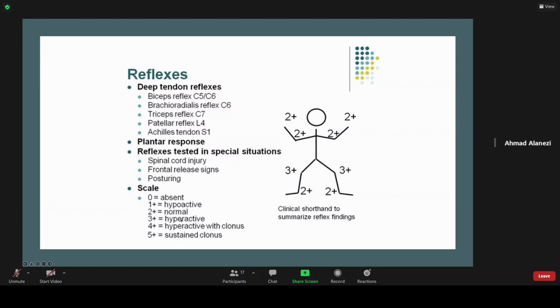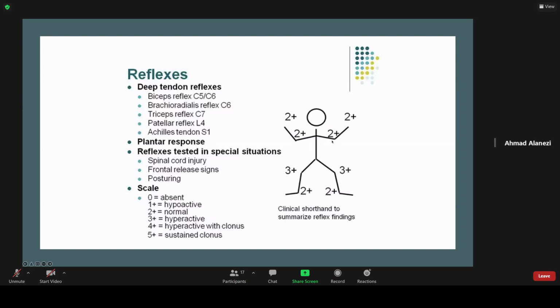Hyperactive or brisk reflexes are +3, and +4 there is clonus. +5 is sustained clonus. What I need you to know is whether the reflexes are present or absent. If present, is it hypo, normal, or hyper? Hyper is +3. +4 is with clonus. Forget about +5.